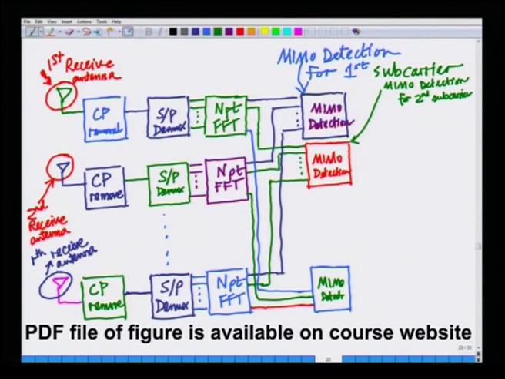And further, after this module, I am going to convert this into a serial.